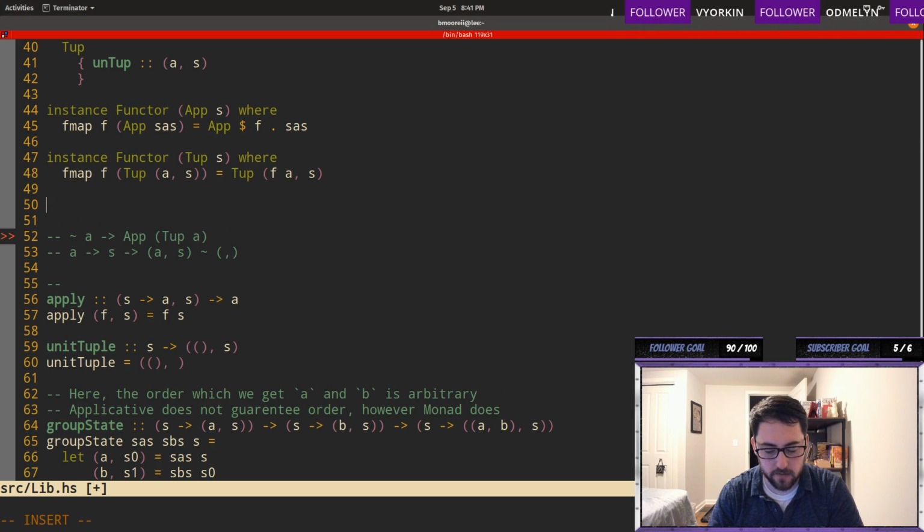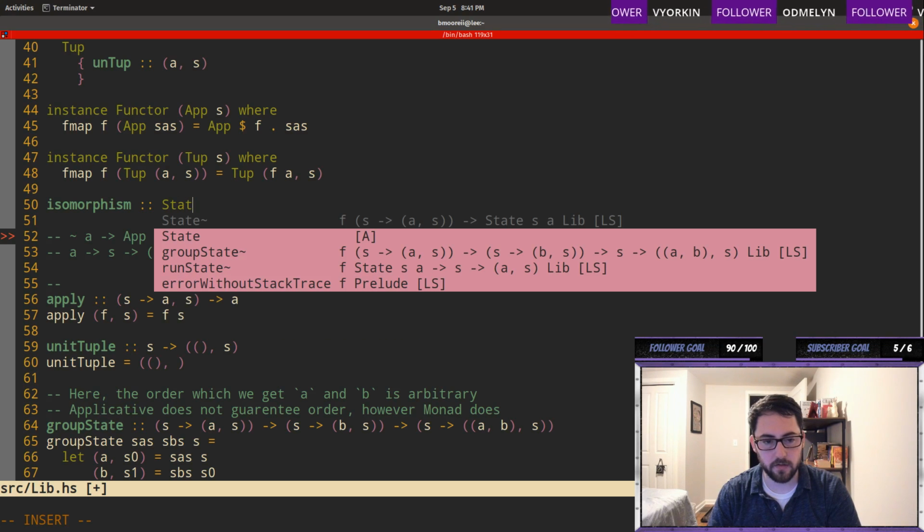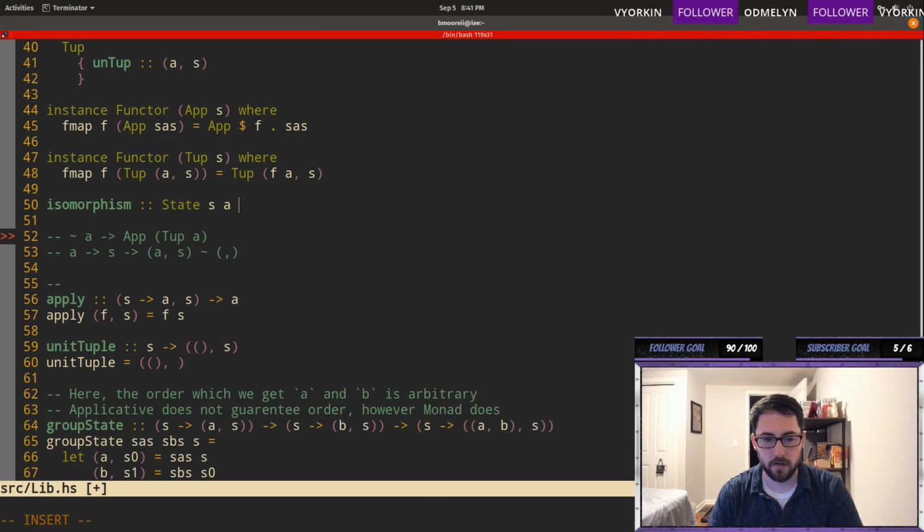So now I need to write the, for lack of a better term, I'm going to call it isomorphism, which is going to take a State s a and turn that into an App s tup s a.